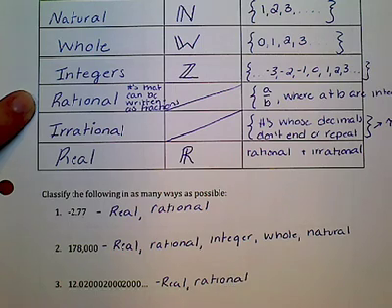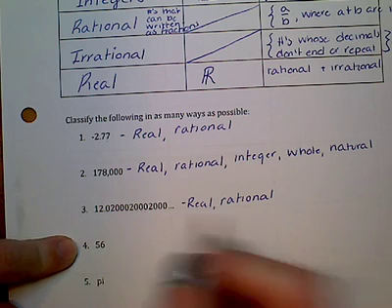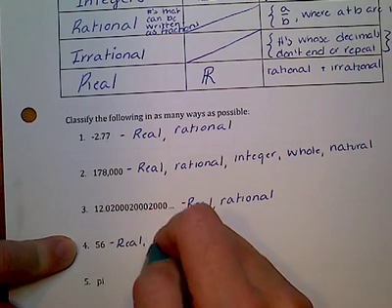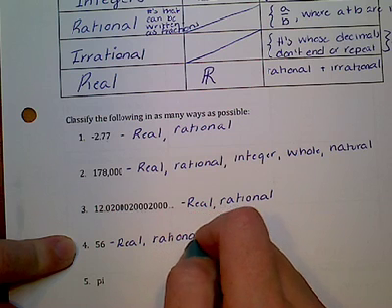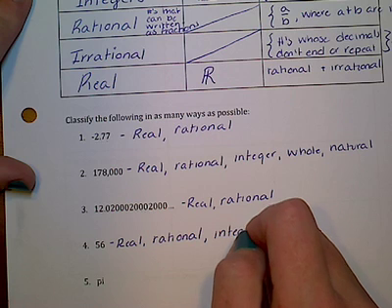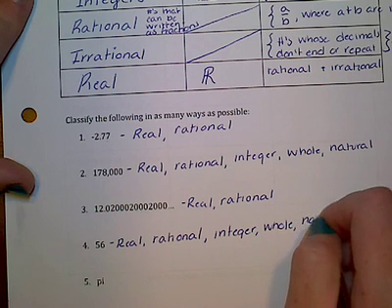That would be it. The number 56. It's definitely a real number. It is definitely rational. It's behaving nicely. It's definitely an integer. It's a whole number. It's also a natural number.